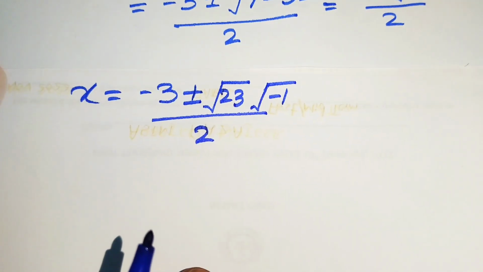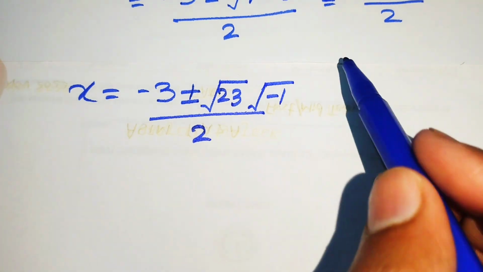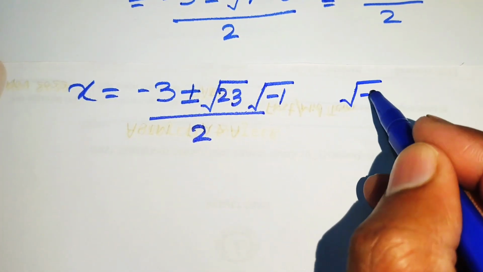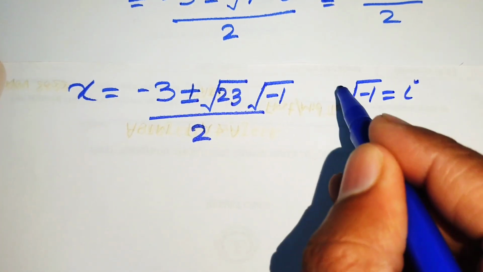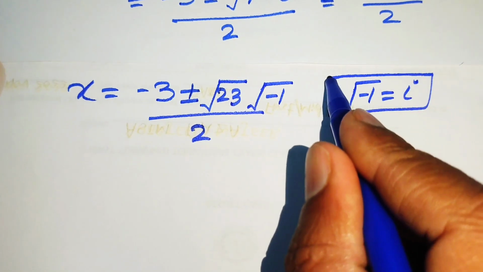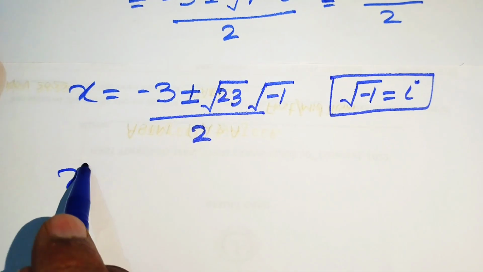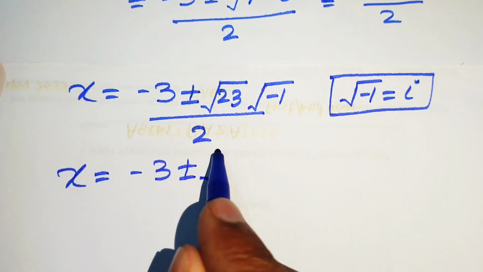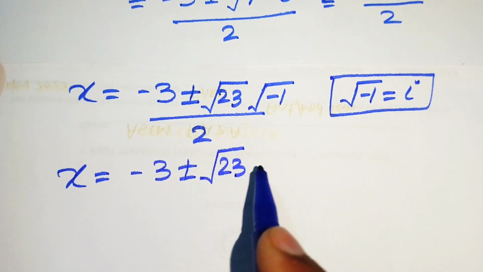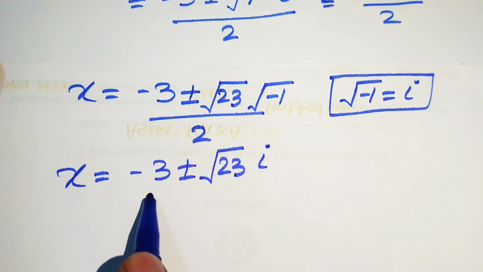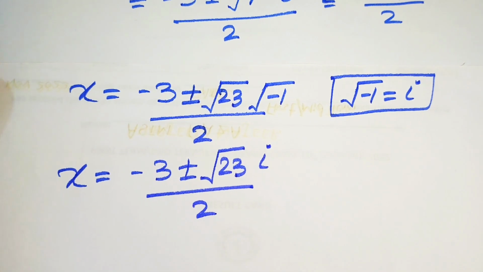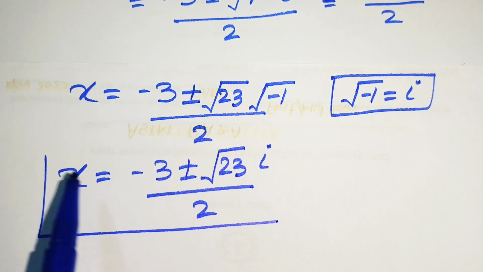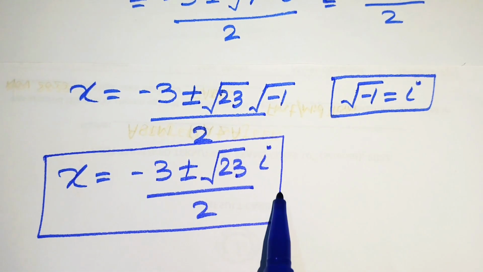We know that the square root of minus 1 is equal to iota. So when you substitute it here, x equals minus 3 plus minus square root of 23 iota divided by 2. This means the other two roots of the given equation are complex roots because this involves the iota sign.